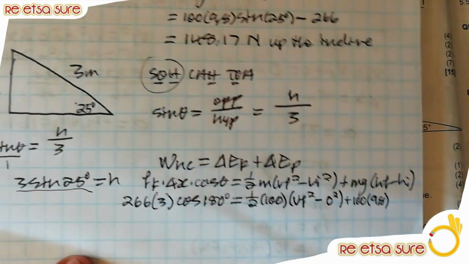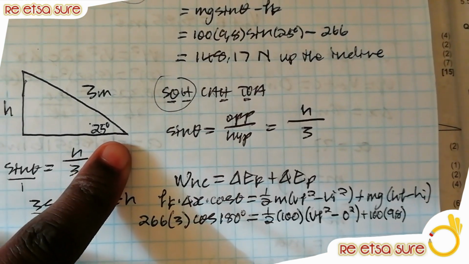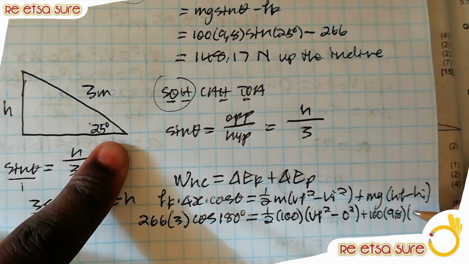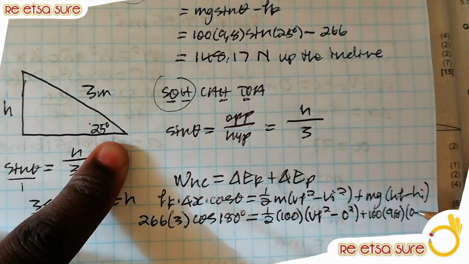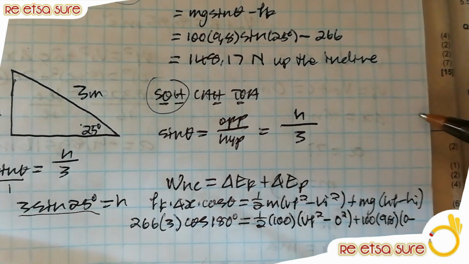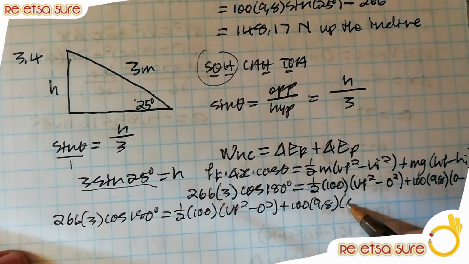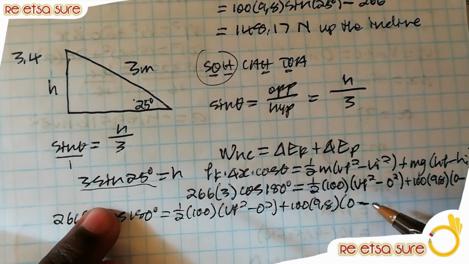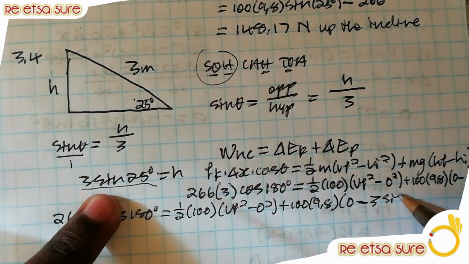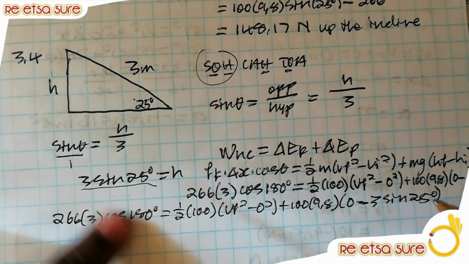Height final is 0 meters above the ground, because that's on the ground. 0 minus, now our initial height is this height, so we're going to have 0 minus 3 sine of 25 degrees.